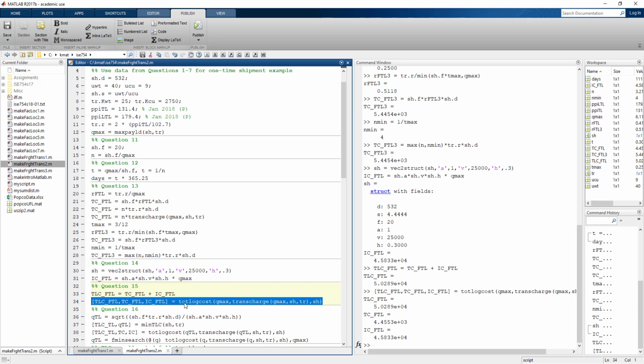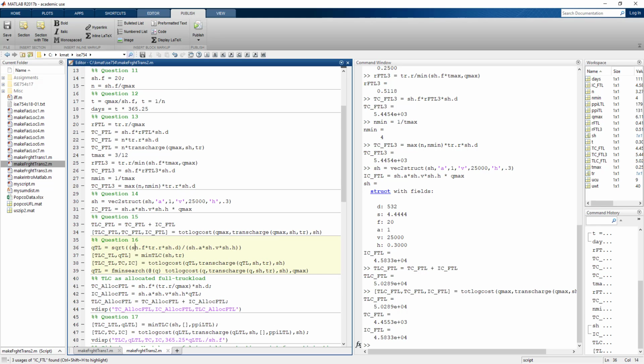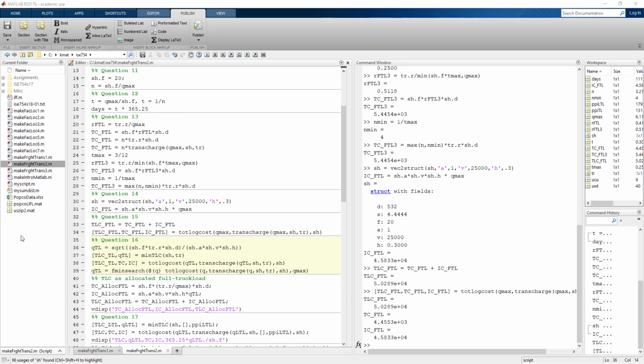In this case, the function returns as a first output argument the total logistics cost, and then as a second the transport cost, and then as a third the inventory cost component. So if we do want those second and third output values, then we can catch those when it's returned from the function.